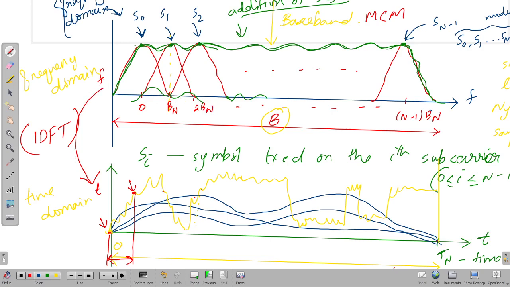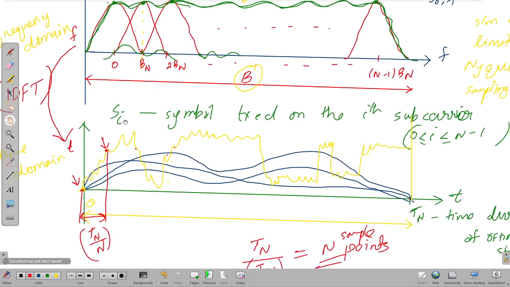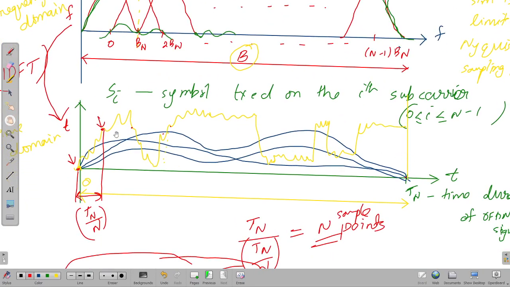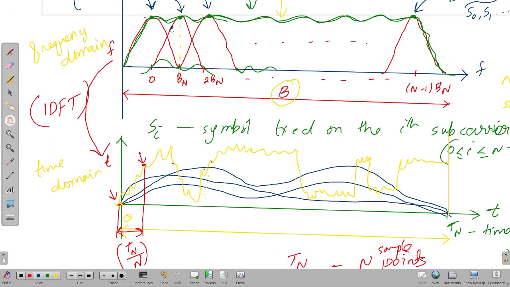The time domain equivalent is obtained by taking the IDFT, and we have n number of sampling points in the time domain, taken using the Nyquist criterion, from which I can completely recover this signal. I can directly make this signal by just converting from the frequency domain to the time domain using IDFT.